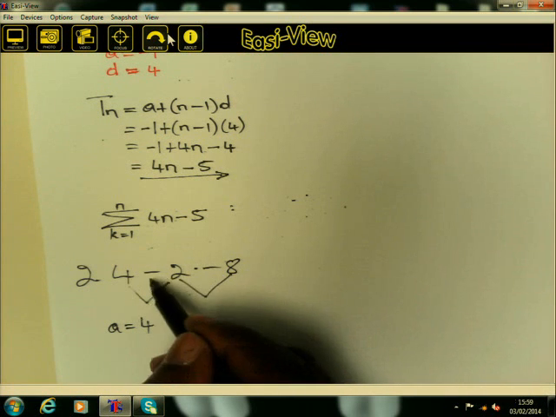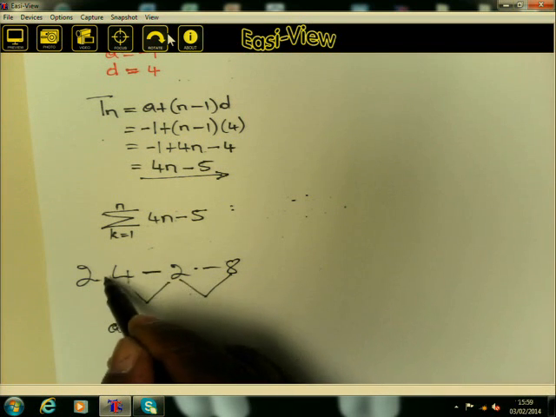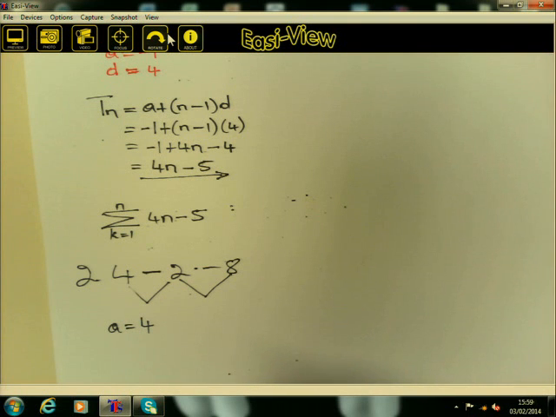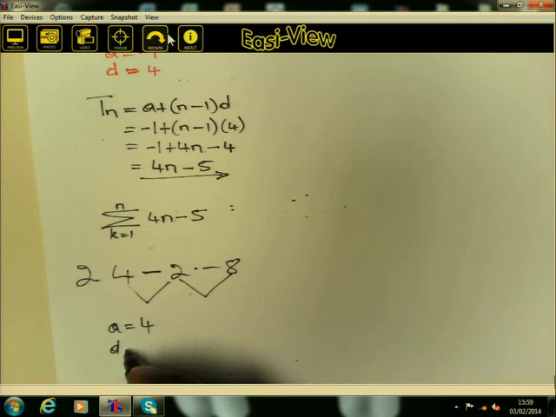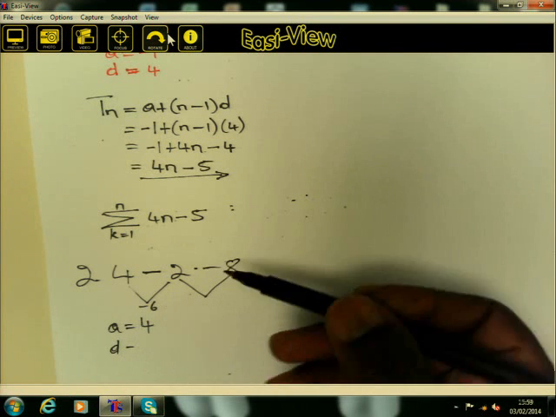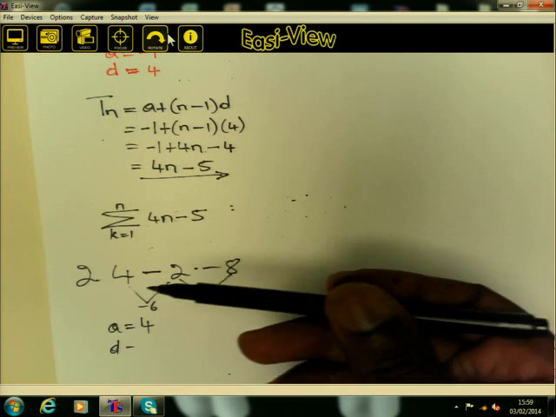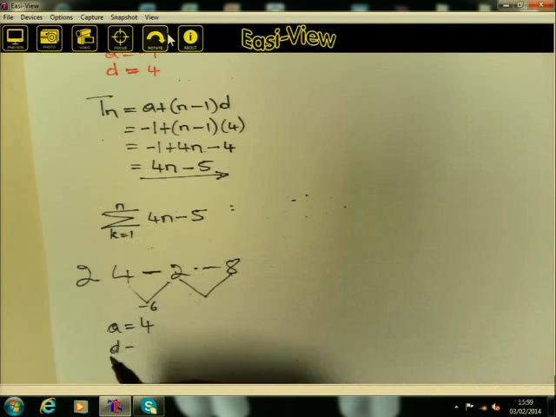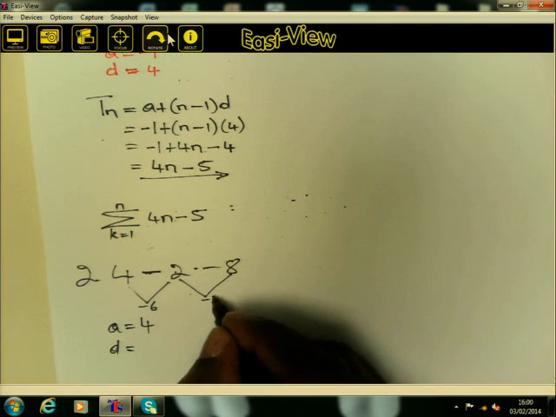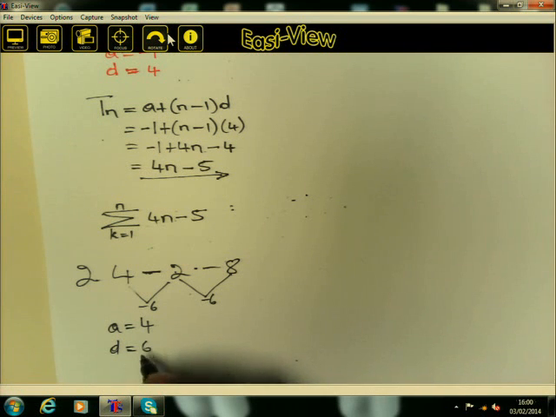The difference will be negative 2 minus 4, which is the same as negative 6. Negative 8 plus 2 also gives us a negative 6. So the difference there is negative 6.